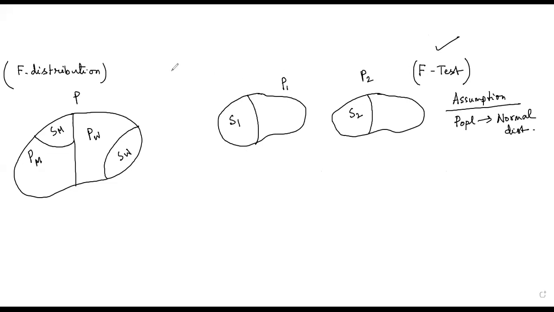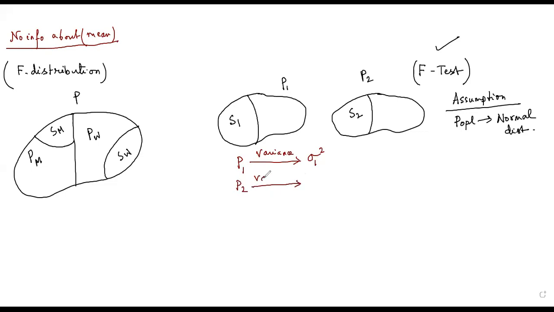Suppose no information about the mean is present, but we at least know that population P1 has a variance which we denote by sigma 1 square, and population P2 has a variance which we denote by sigma 2 square.